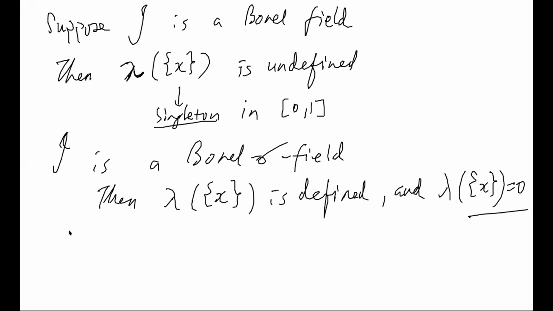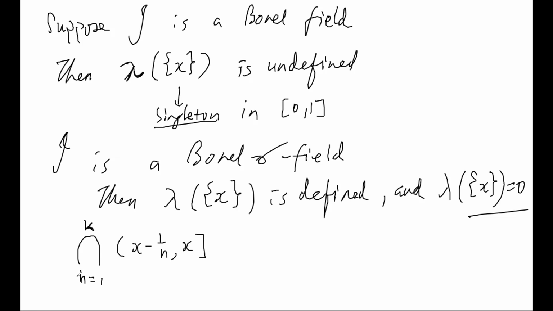You know that the singleton is actually, first we consider something like this: we take the intersection of these intervals. Now I'll take my n from 1 until some fixed number, let's say k.